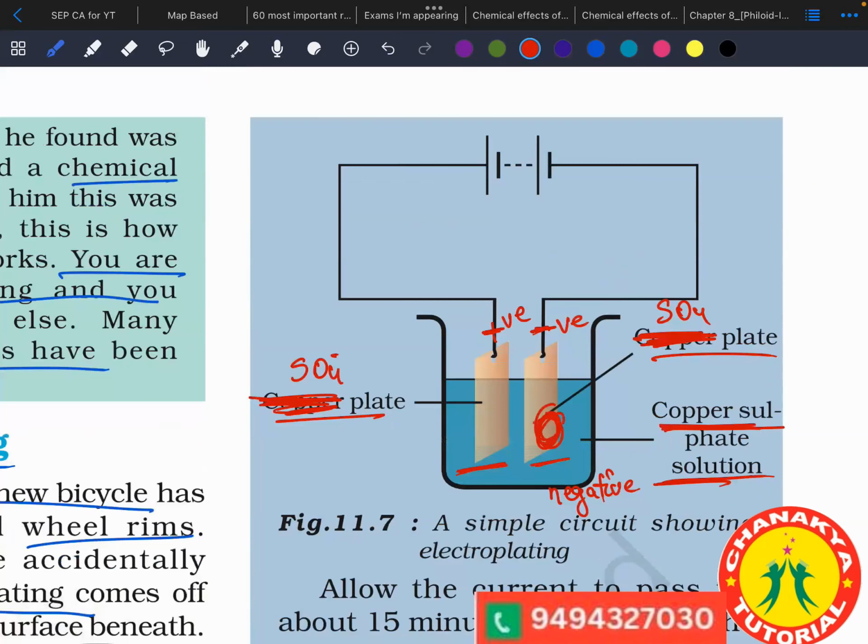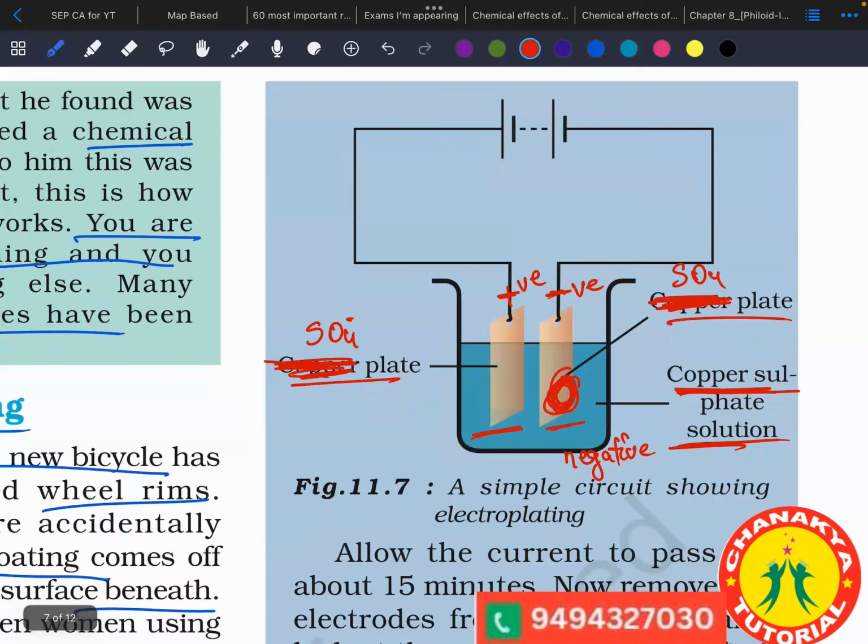So it gets deposited on the negative plate, whereas the positive plate will break down into the solution. The copper from the positive terminal will dissolve in the solution, and then it also gets deposited. So basically this plate is getting broken down into small pieces, and this plate is getting bigger.